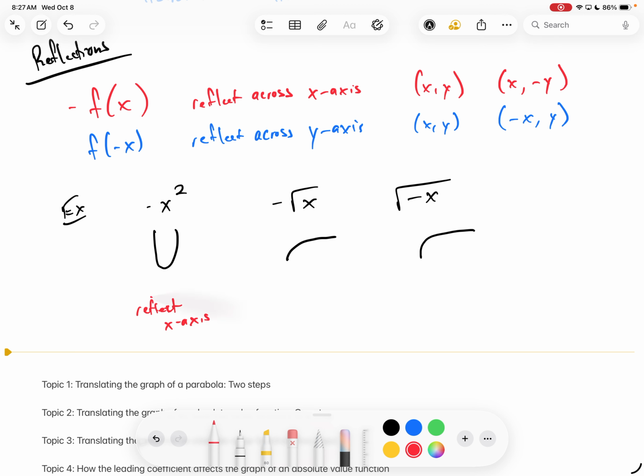I flip it up and down, so it is going to look like this. This one, negative on the outside, I flip across the x-axis, it would look like this. This one's on the inside, so I would reflect it left and right. It would look like this. So I would reflect it across the y-axis.